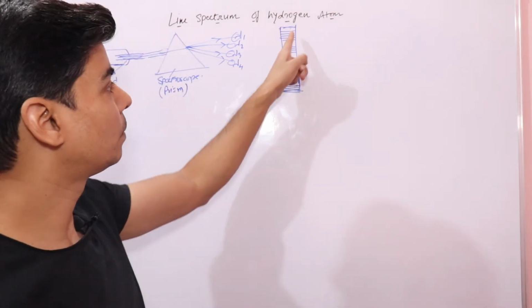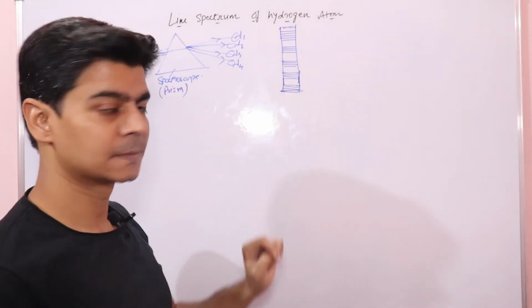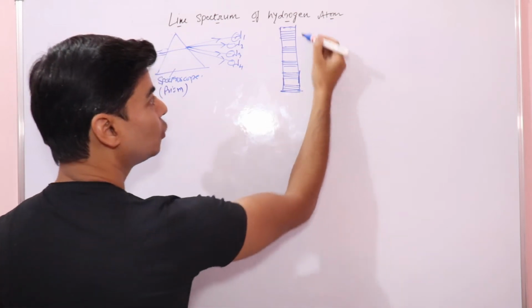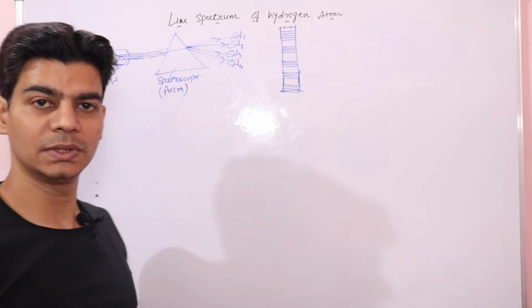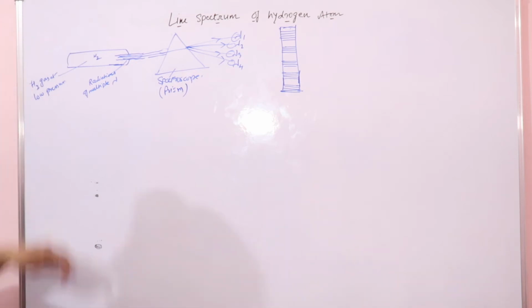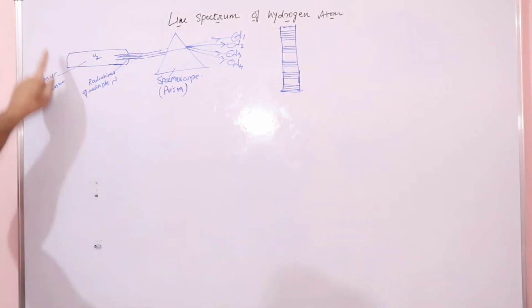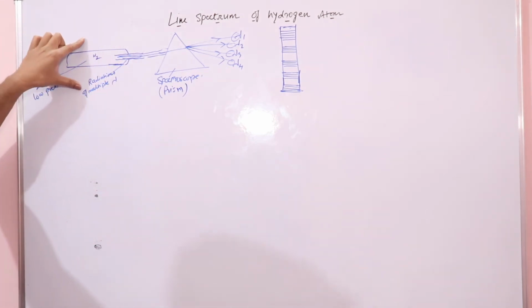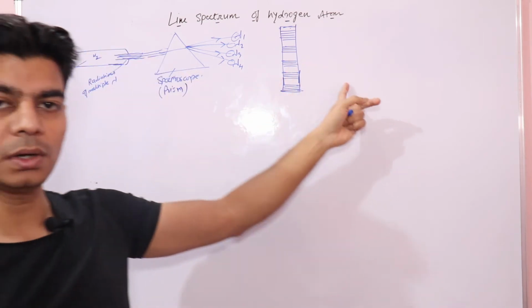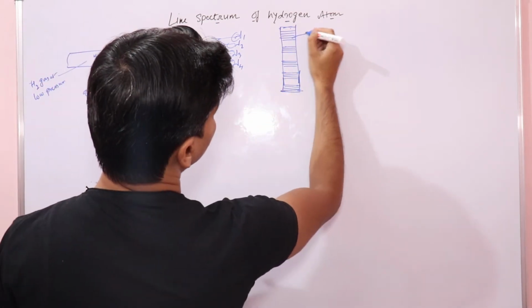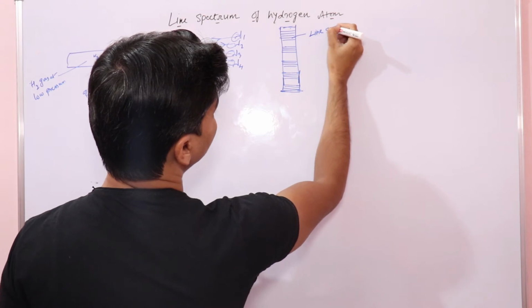This group of closely spaced lines, formed as a result of excitation of gas in this discharge tube, is known as your line spectrum.